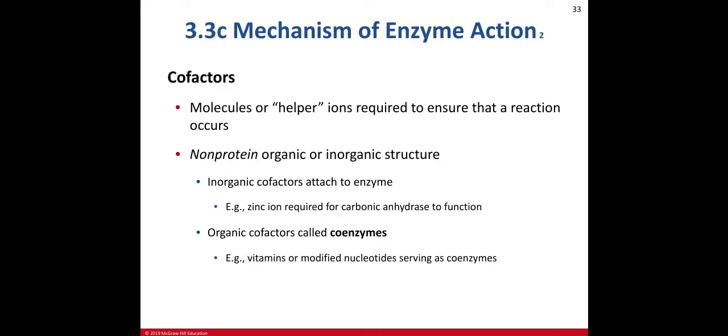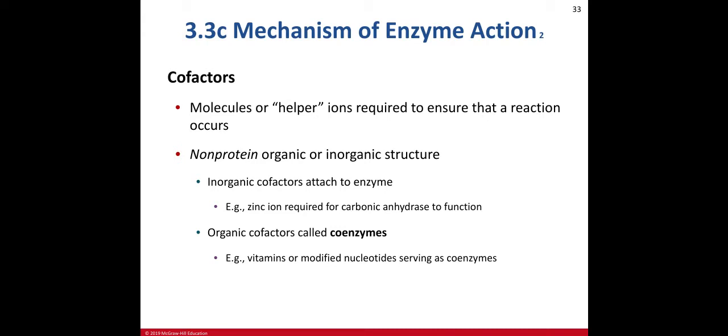Sometimes our enzymes are going to need a little bit of help in order to do their reaction. So we have something called a cofactor. Cofactors are molecules or helper ions that are required to make the reaction happen. These cofactors are non protein and they can be organic or inorganic.